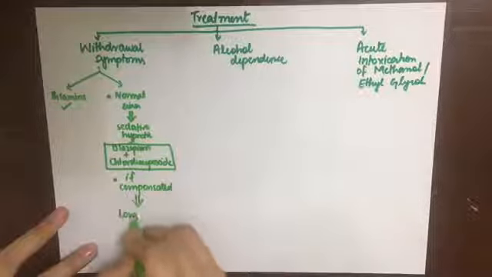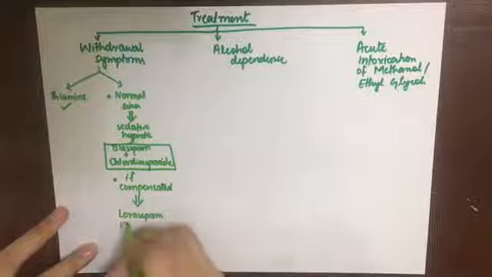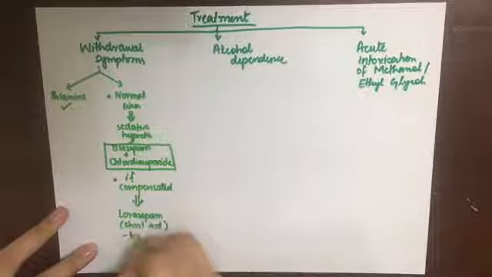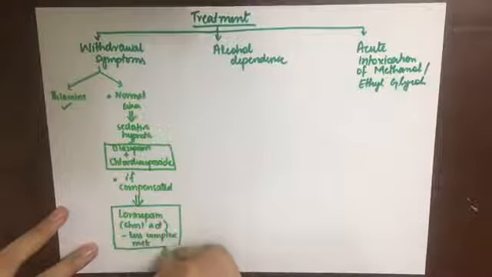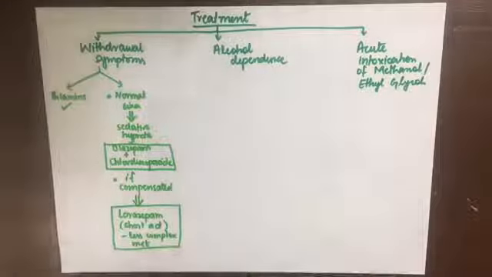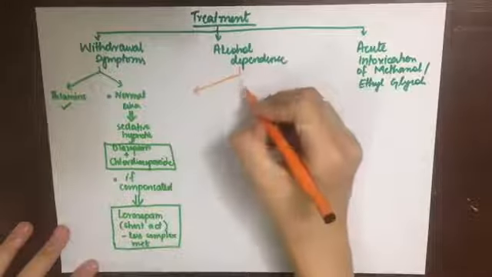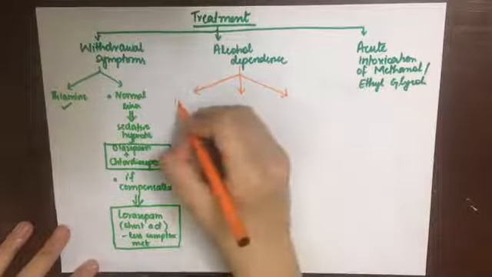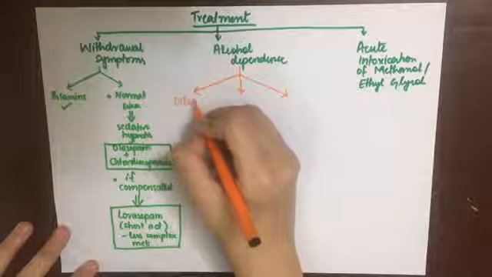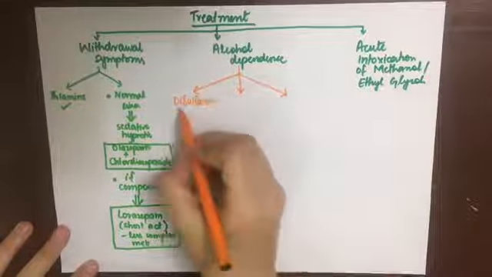Next, to treat alcohol dependence, we primarily use 3 drugs. First is disulfiram, second is naltrexone, and thirdly acamprosate. Now the disulfiram, as I previously mentioned, will inhibit aldehyde dehydrogenase.